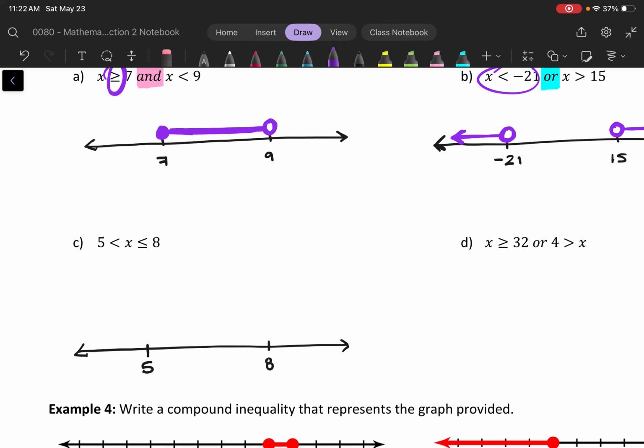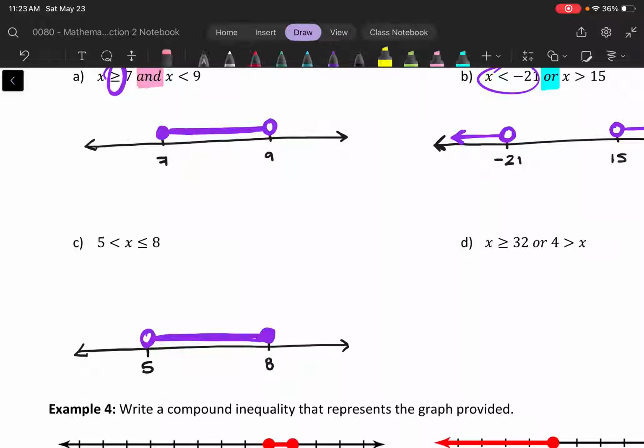On the 5, I will have an open circle because there's no or equal to portion here. On the 8, I will have a closed circle because there is an or equal to portion here. And in an and situation, I know the inequality direction of my graph will go towards each other, so I can connect them this way. Now that's probably the fastest way to do things.